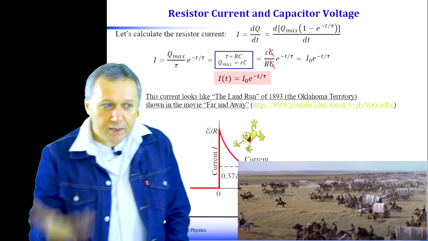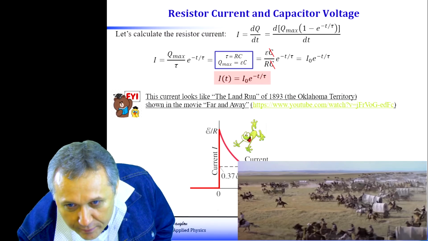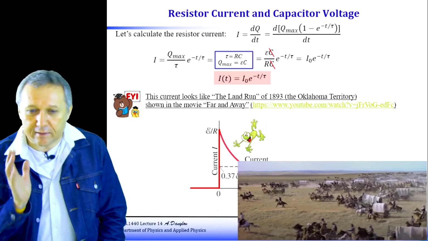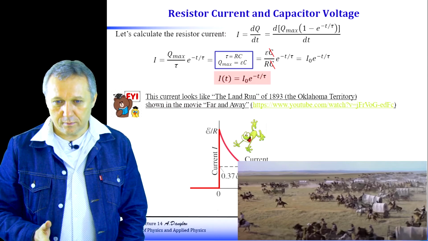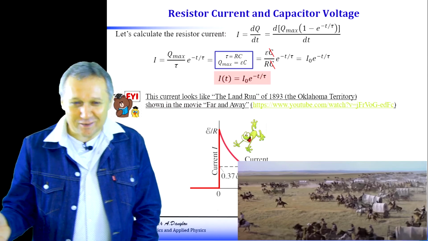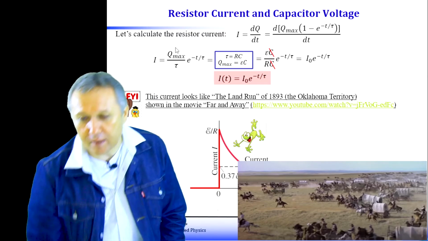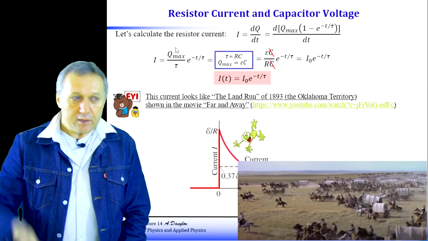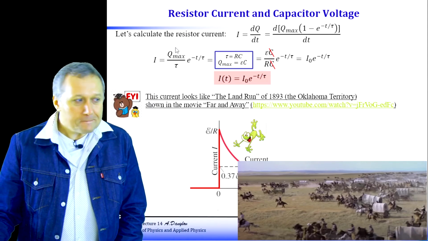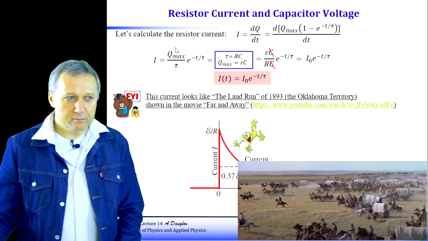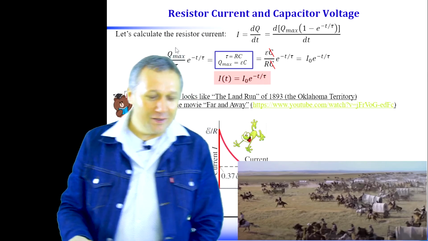So you see, the behavior of these farmers in an attempt to get land is exactly the same as the behavior of electrons charging the capacitor. Again, I'm not insulting us as the human race, but the social dynamics of us human beings is exactly the same as the dynamics of electrons. And we shouldn't be surprised, because we're part of the same nature. God created nature in a very similar way, just scaled differently.